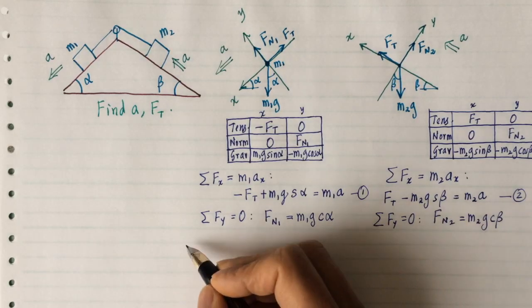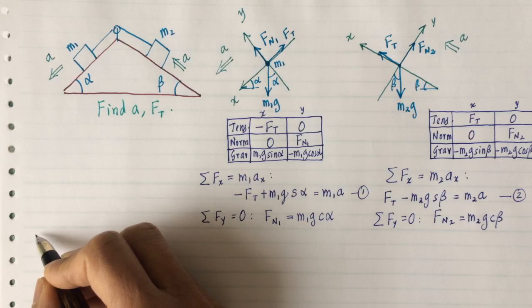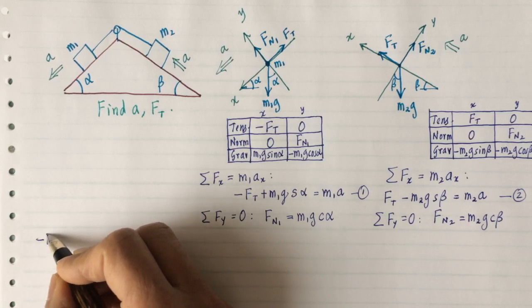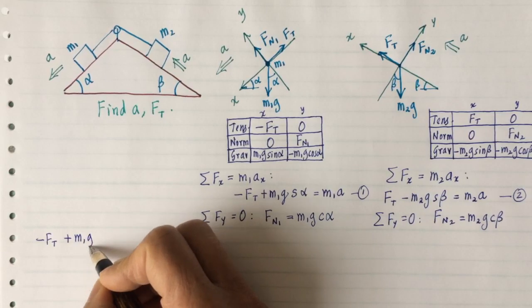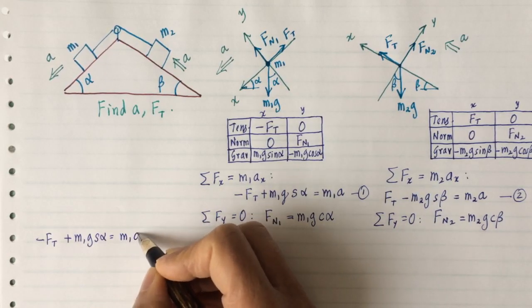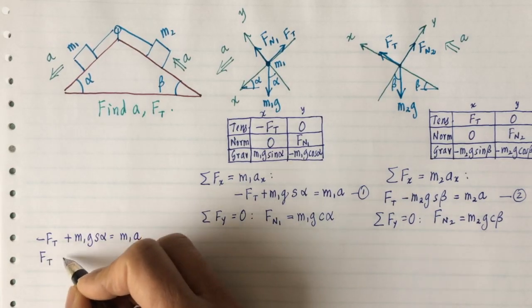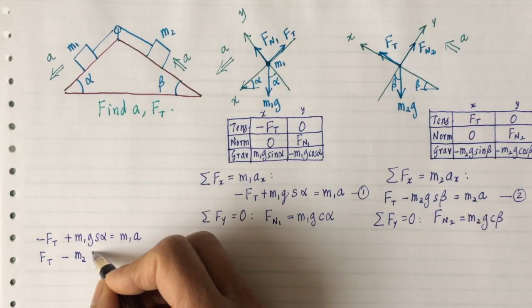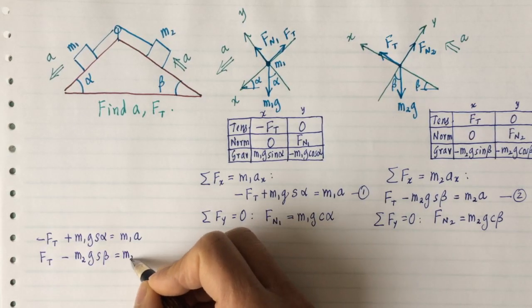For this, I will put the equations one below the other. So equation 1 is negative Ft plus m1g sine alpha equals m1a, and equation 2 is Ft minus m2g sine beta equals m2a.